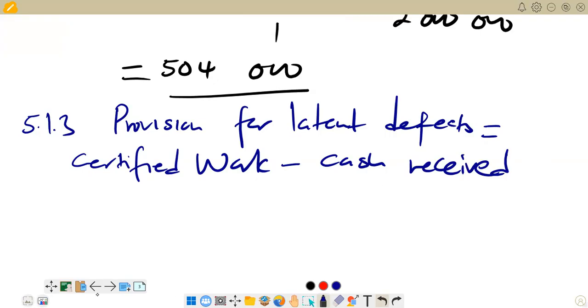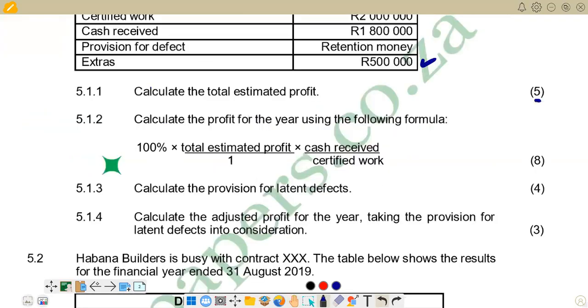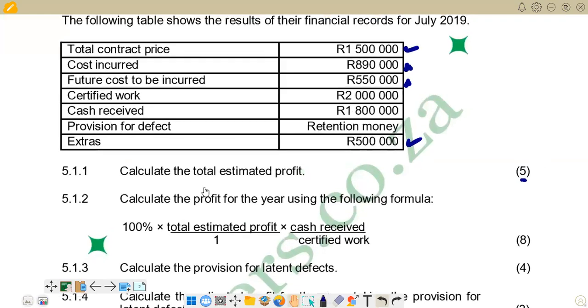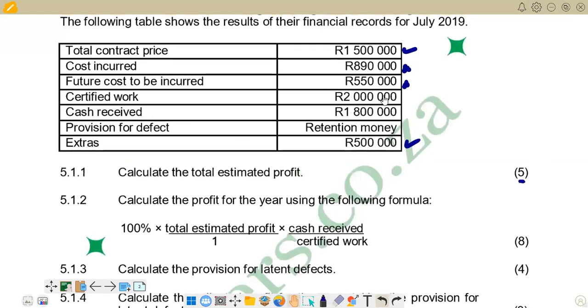Then we go back to our question to find out about our certified work. Go back to the list of balances that we have. Certified work is 2 million here. And remember, we are saying certified work minus cash received. The cash received is 1,800,000, which is beneath here.